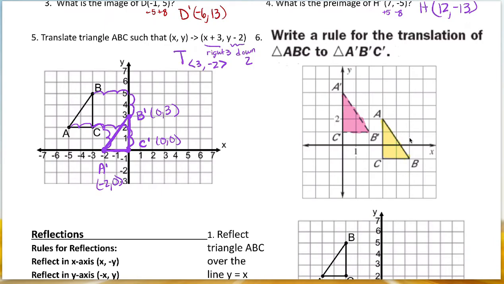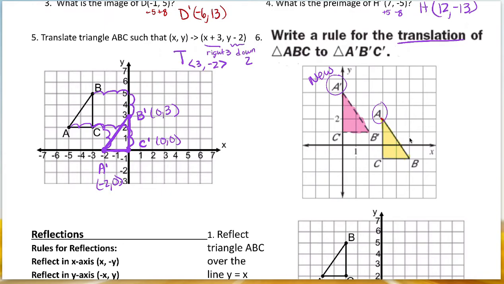So in this case, I'm looking at my prime notation. I can see the A prime there, so that is the new figure. And A is the original figure. Since I'm writing a translation, I know that I'm just going to be looking at how did it move, left, right, up, down. And I need to look at one of the original points and one of the new points and just really focus on that.